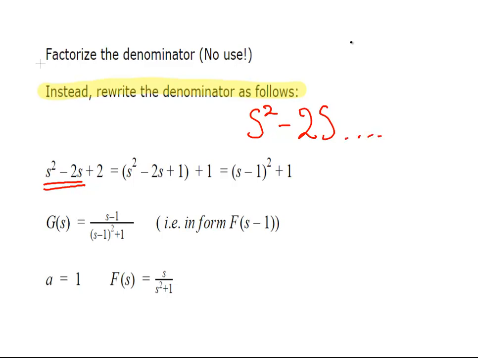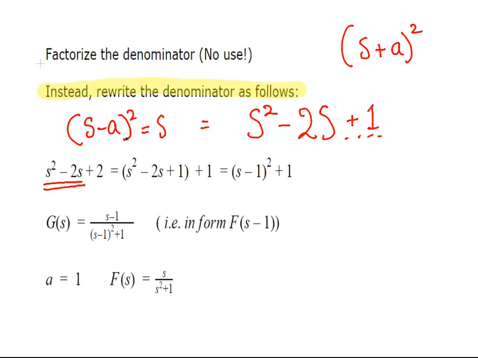If this was s plus a squared, what would it be? Well, it would be plus 1. How did I know that? Essentially, this is s minus a squared, which equals s minus 1 squared.